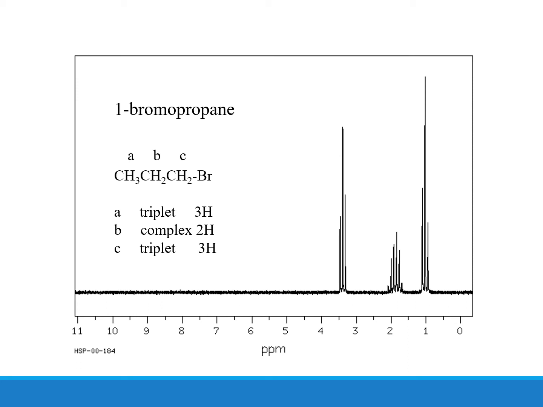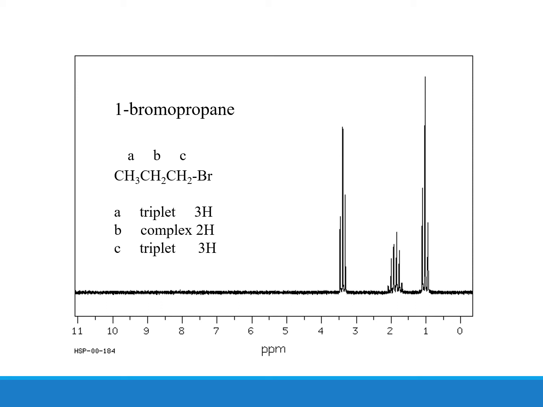And we have 2 hydrogens here, and the neighboring 2 atoms will split these into 2+1, and this methylene group near the bromine will appear as a triplet to the left side in the spectrum.